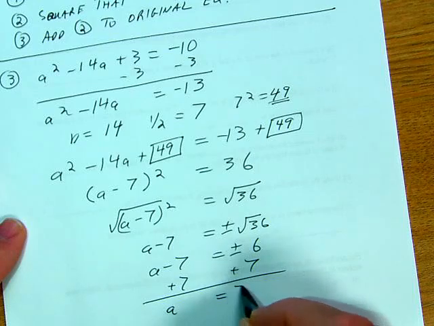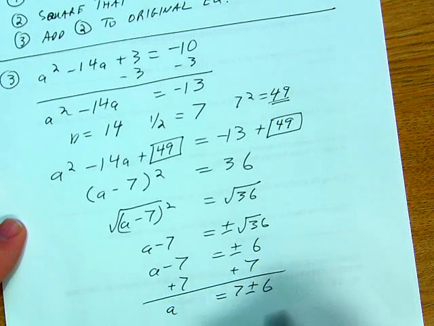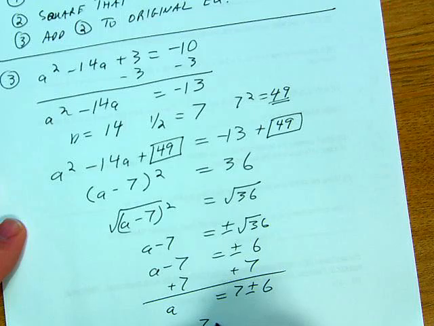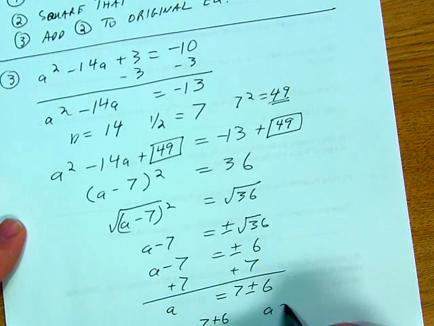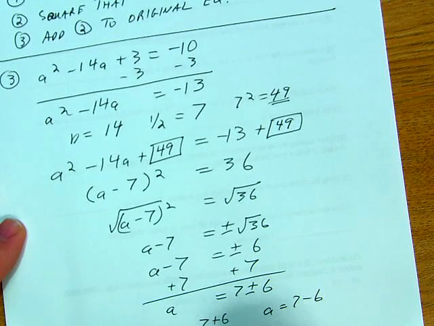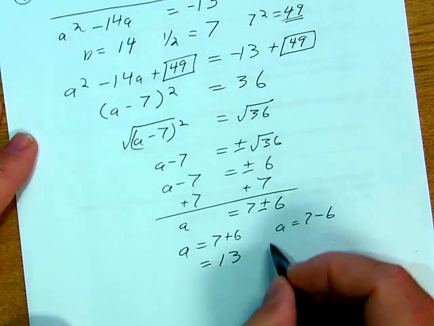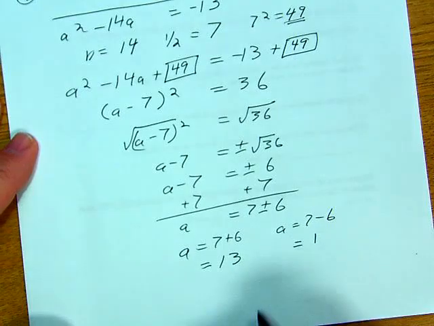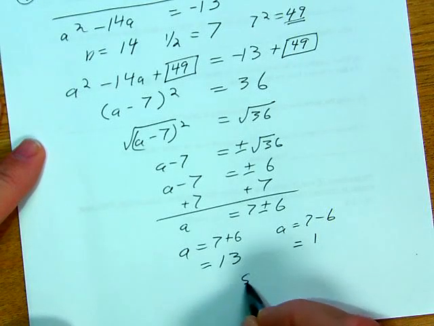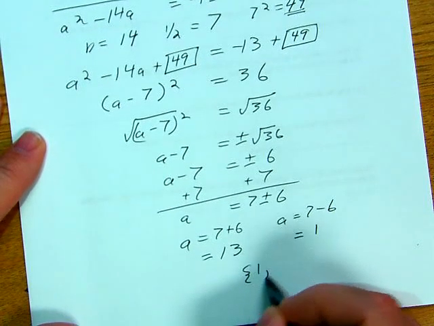A is equal to 7 plus or minus 6. A is equal to 7 plus 6. A is equal to 7 minus 6. A is equal to 13. And A is equal to 1. And so my solution set is 1, 13.